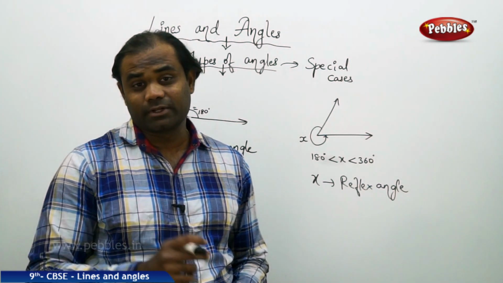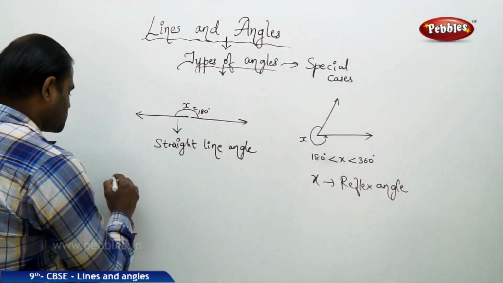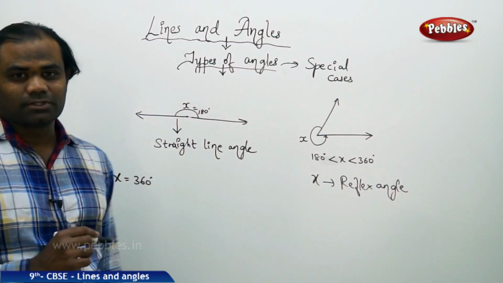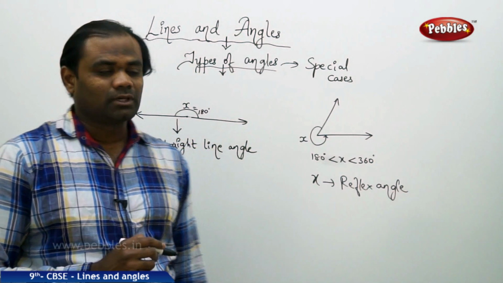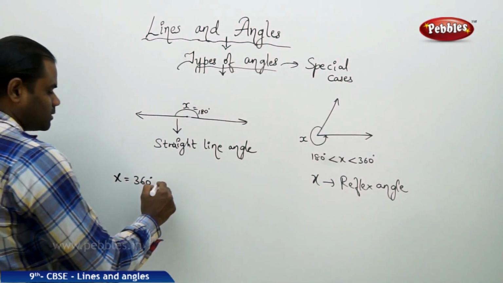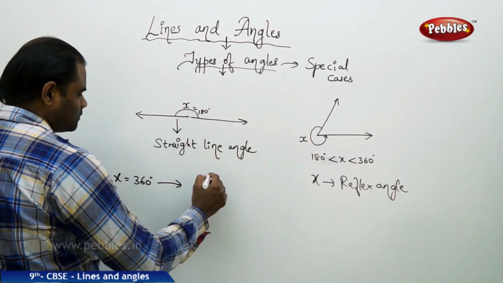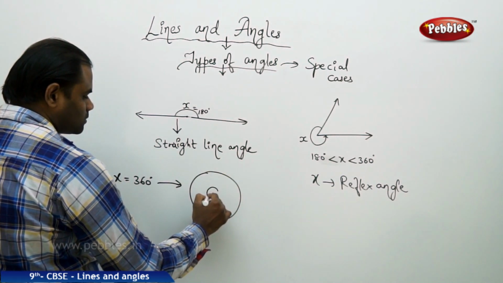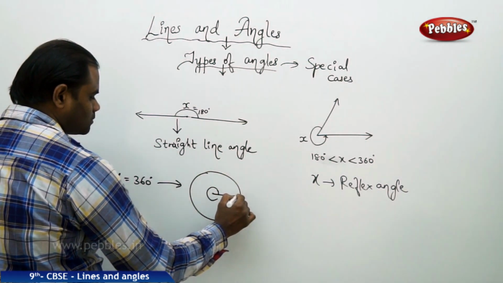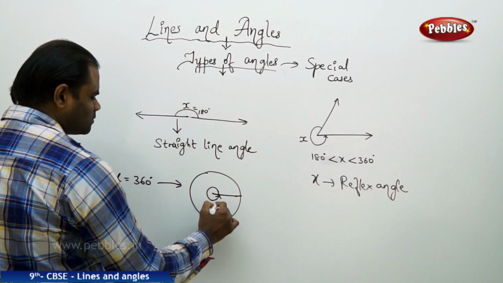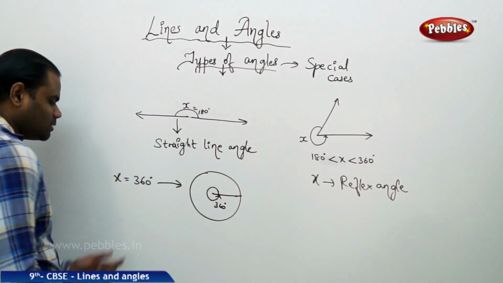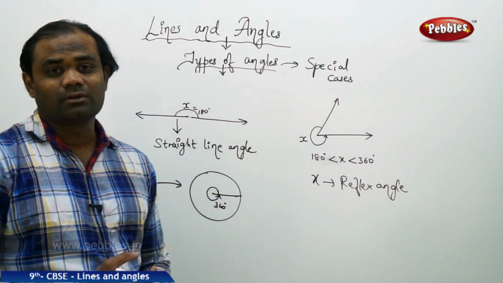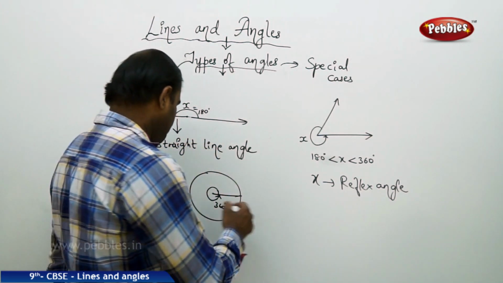What if the angle is 360? Let me end with the last angle, which is 360 degrees. If the angle is 360 degrees, then I have a full circle which is formed. And hence this angle which is one full 360 degrees is called a one full circle angle.